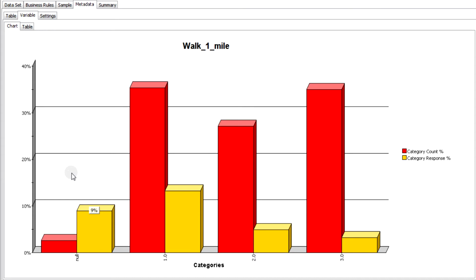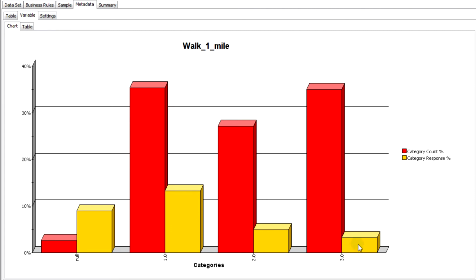So it looks on this particular question as though there are 3 possible answers, 1, 2, or 3, and 35% of the people circled box number 1, presumably meaning that they are not able to walk a mile, and 13% of them died compared to the average of 7%.